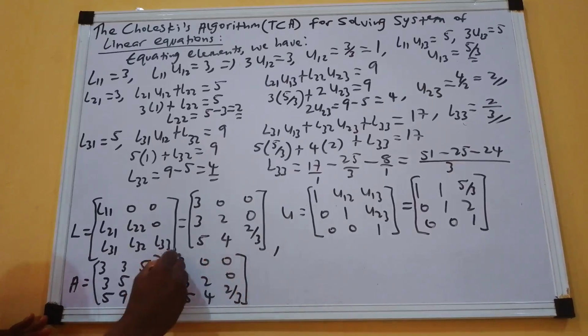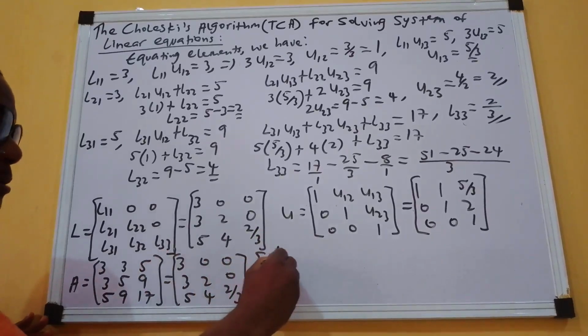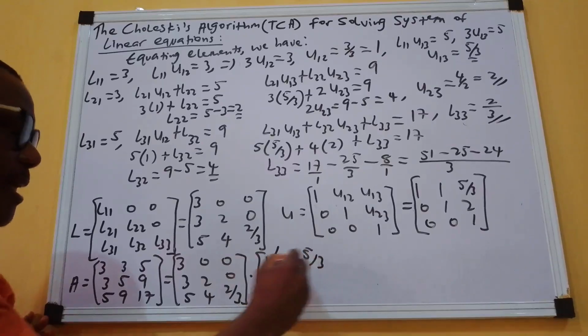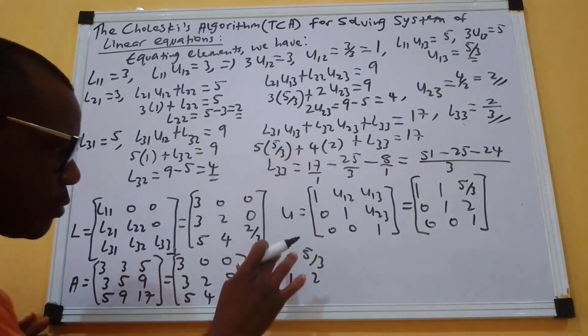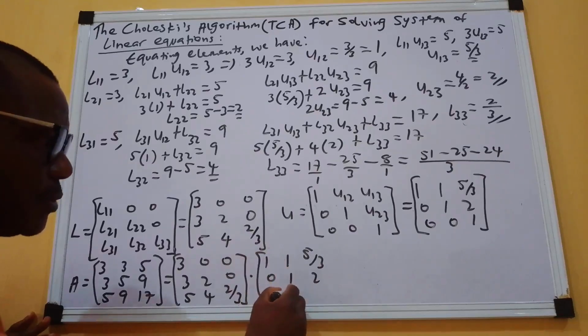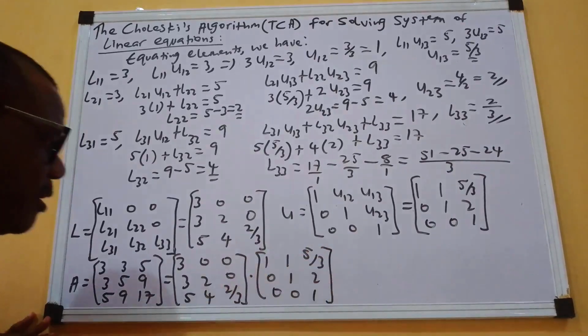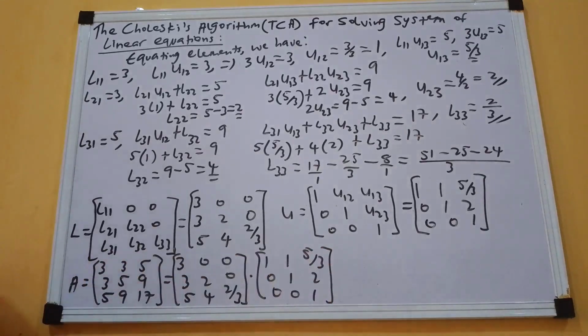This is L. Then dot U: 1, 1, 5 over 3, 0, 1, 2, 0, 0, 1. Beloved, if you multiply these two matrices, you will get A.